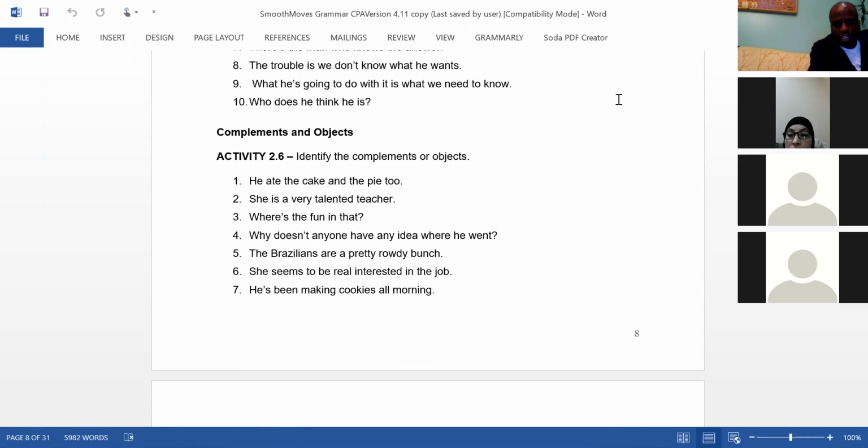Maybe if a student finished faster than someone else, I will put them in another place in the room and say, okay, here, do this adverbial worksheet while you wait, instead of the student just sitting there. Or I might assign it as homework or put it in a virtual drive so students can do extra practice, or it might be extra credit. But I'm not going to have a whole class on this.